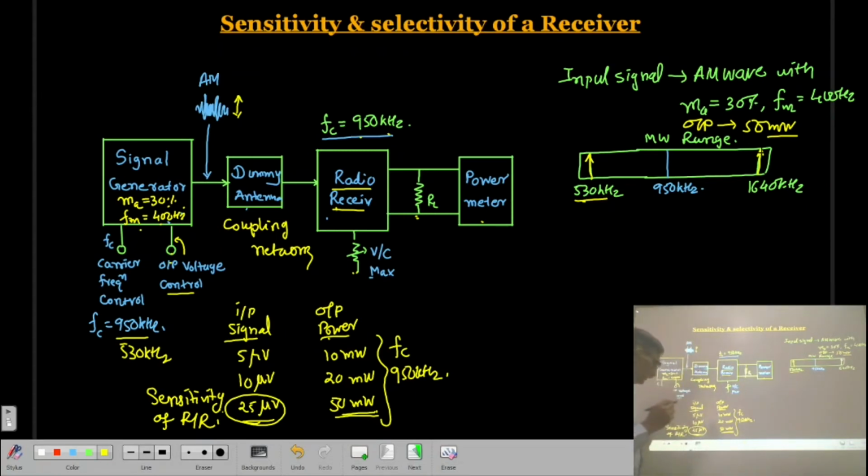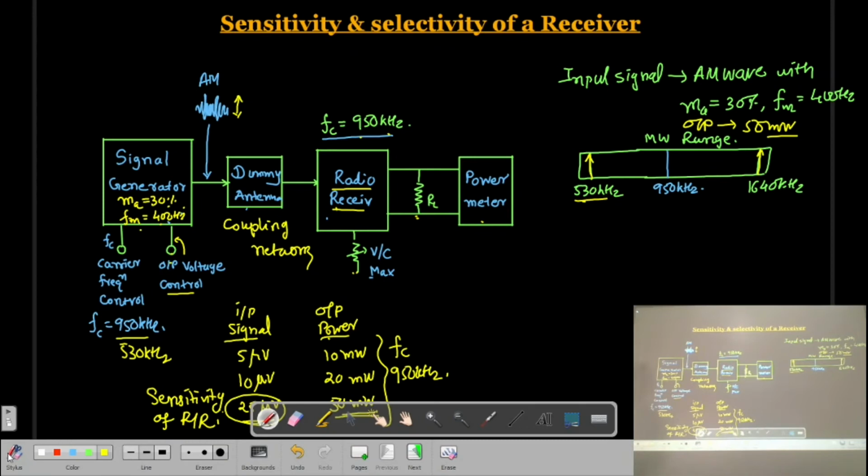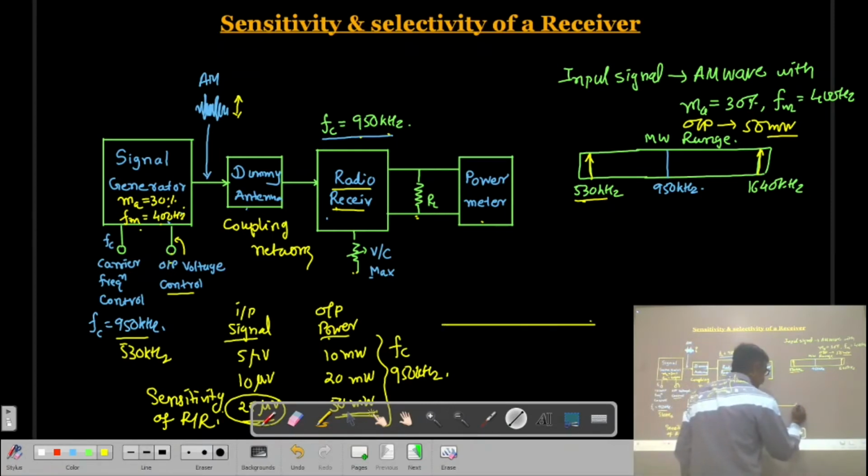So normally, the typical curve for the radio receiver sensitivity is like this.